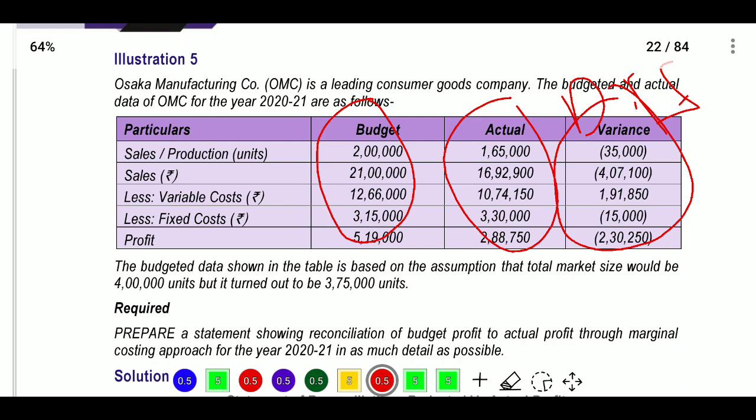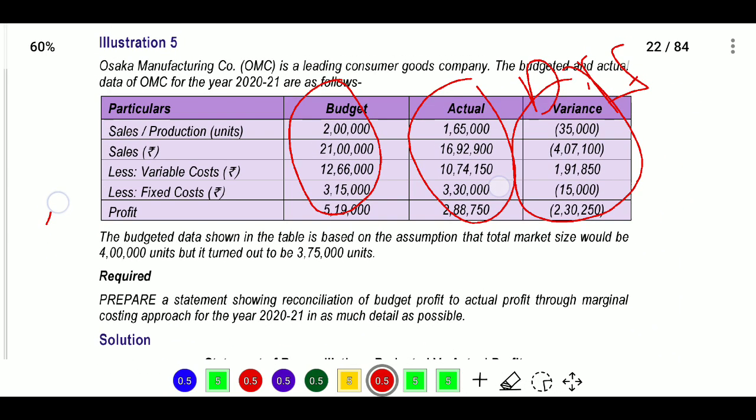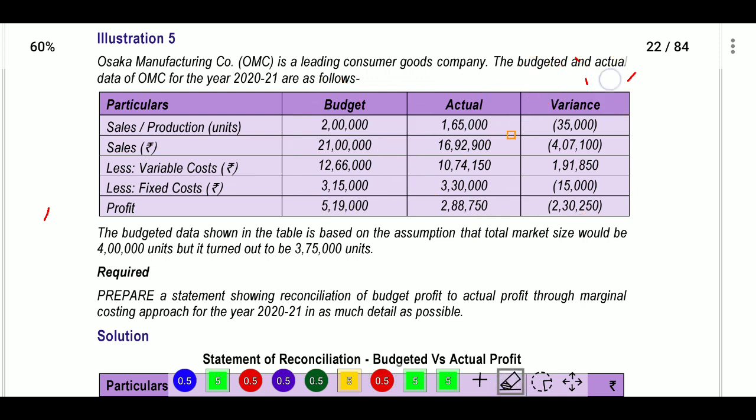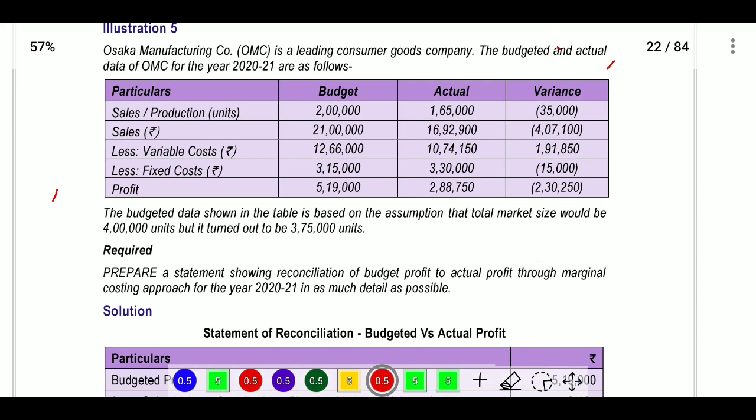Okay, now the budgeted data shown in the above table is based on the assumption that the total market size would be 4 lakh units, but it turned out to be 3,75,000 units.